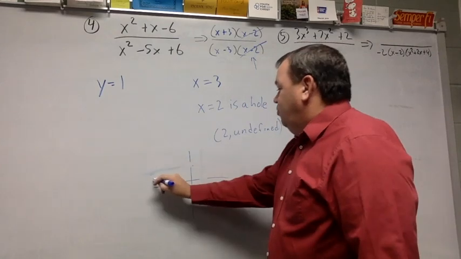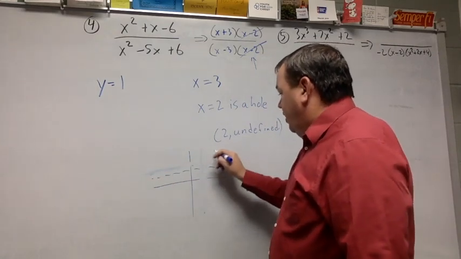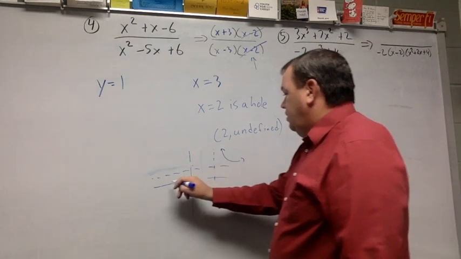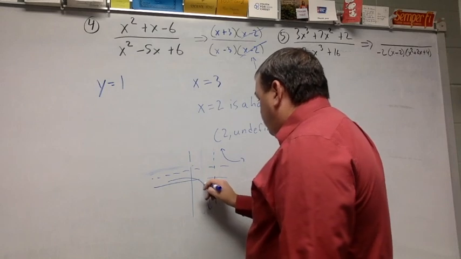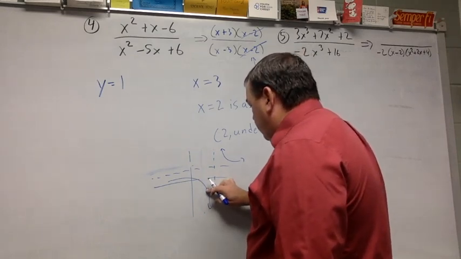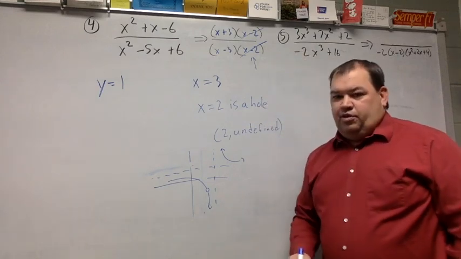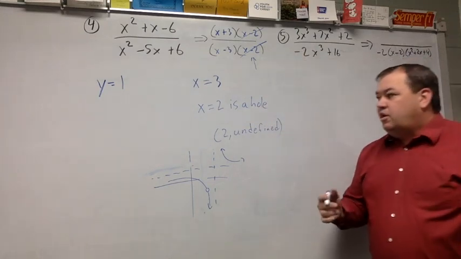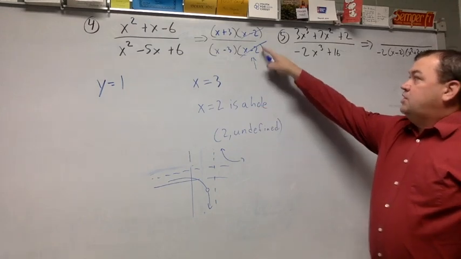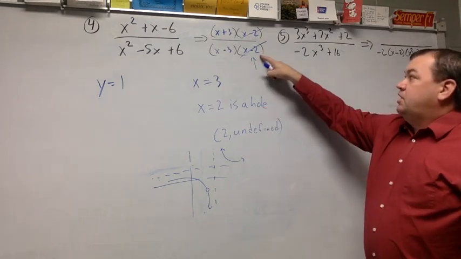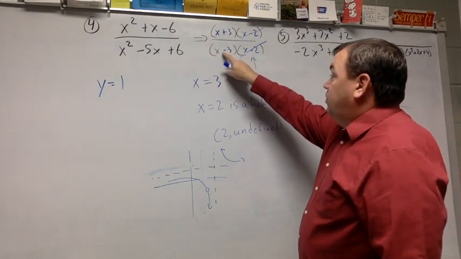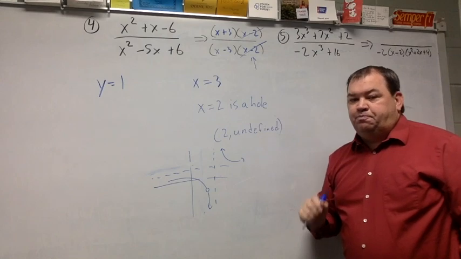It's been moved up 1 and to the right 3. And when you look at the two branches of this thing, if you go to 2, where it's at on your graph, there's actually a hole there. That's why this is talking about asymptotes and holes. Holes are the things that cancel out, those discontinuities that cancel. Asymptotes are the ones that we can't cancel out.